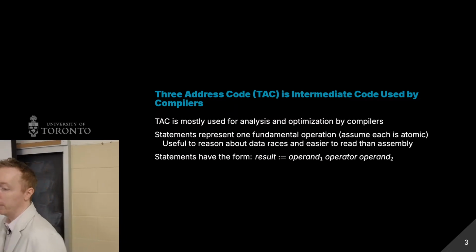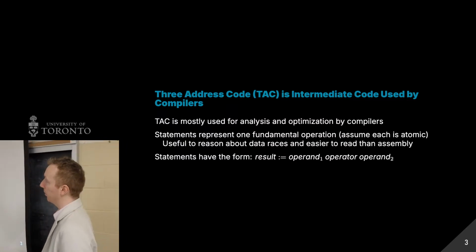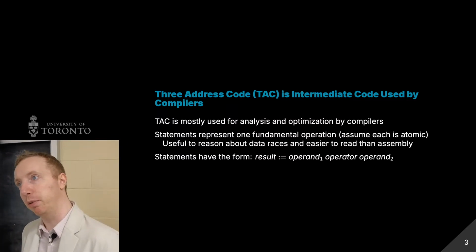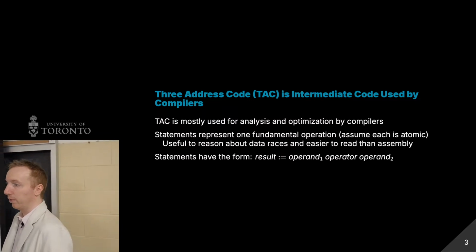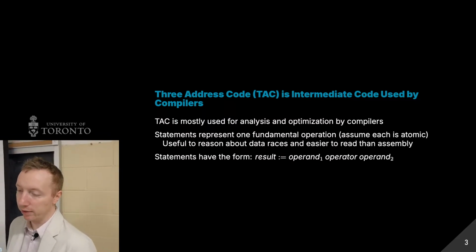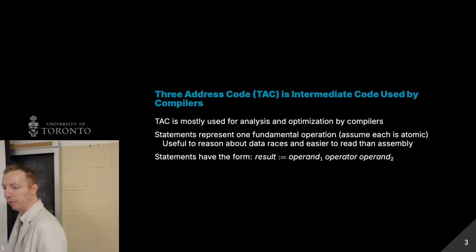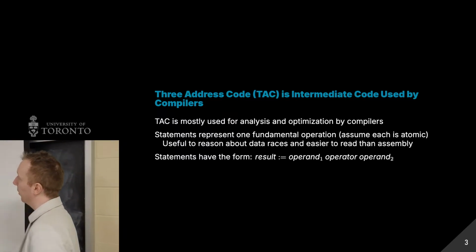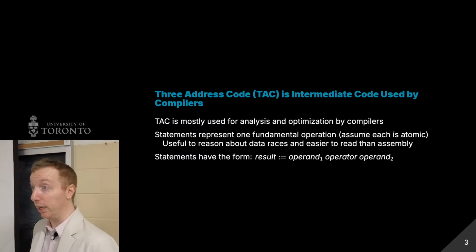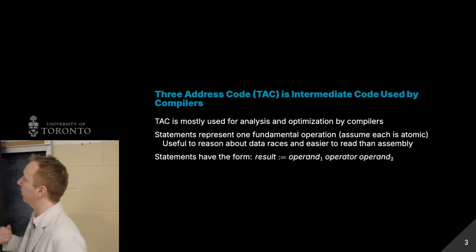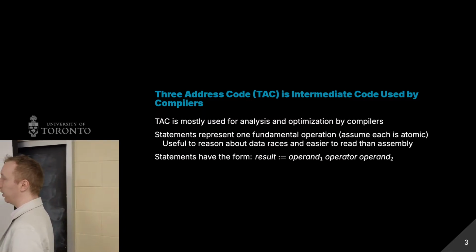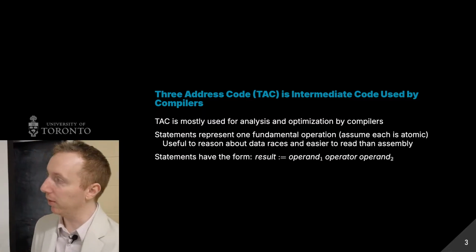They use something called an intermediate representation, which is kind of between C and assembly, and they generate assembly from that and do all of their analysis on a simplified version of assembly. Typically it's in a format called 3-address code, or TAC, and this is what compilers use for their analysis and optimization.